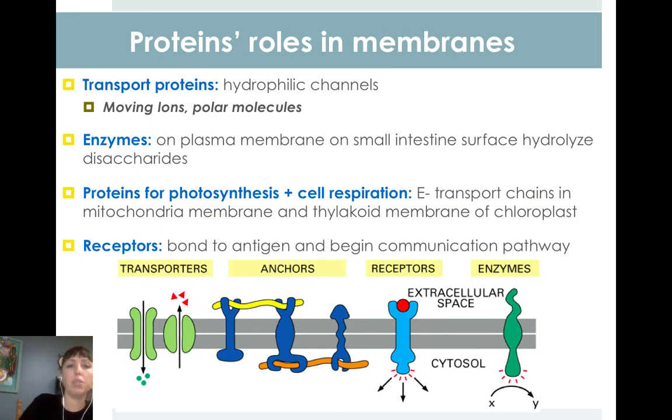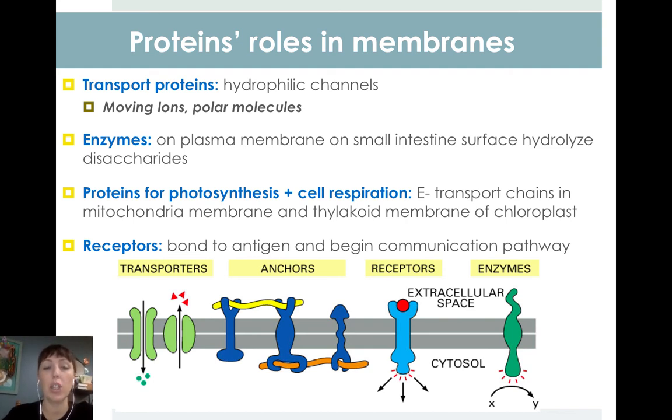Okay, so proteins' roles in membranes. There are transport proteins, which are hydrophilic channels. They move ions and polar molecules, and you know that because they are hydrophilic. They like water, and remember, water is a polar substance, so a hydrophilic channel would be okay with ions and polar molecules moving through.